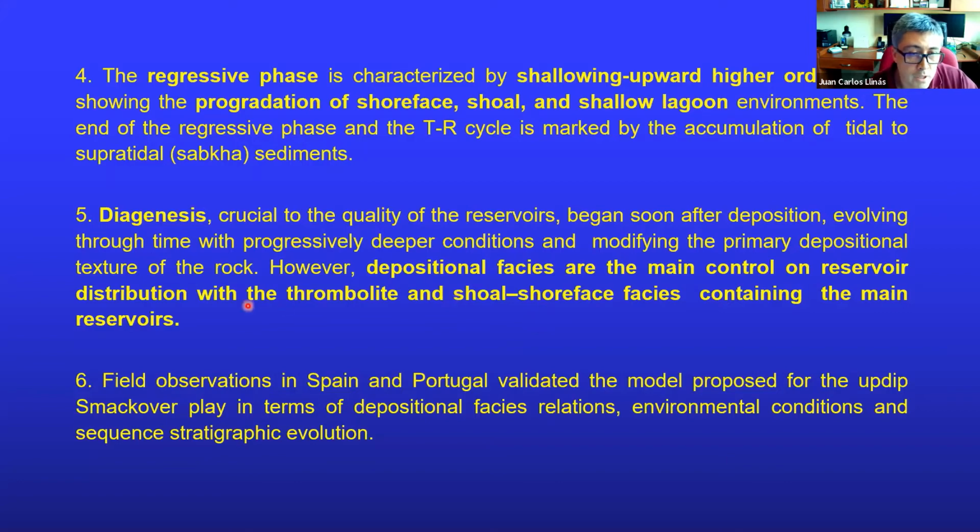So in this way, the thrombolites in the shoreface facies are the best in the area. And field observations in Spain and Portugal validate the model proposed for the Smackover in terms of depositional facies, environmental conditions, and sequence.